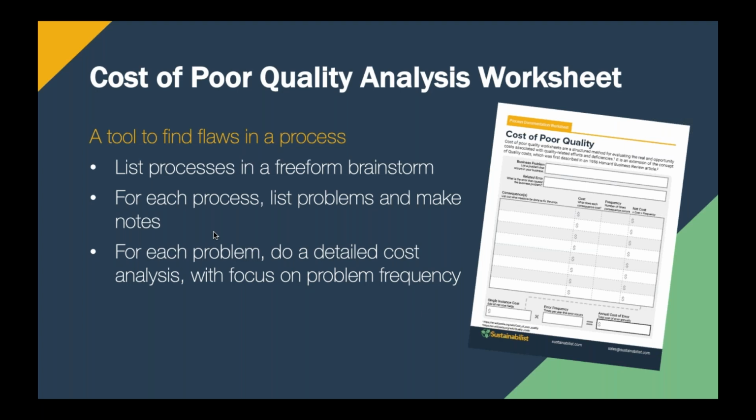Another consequence might be that I had to schedule the site, so I had to receive a phone call, and it took $25 for my receptionist to schedule that because of the amount of time they had to spend on the phone. And then we want to add up all these single instances, multiply them by the number of times this error has happened in the past year, and we get annual costs.